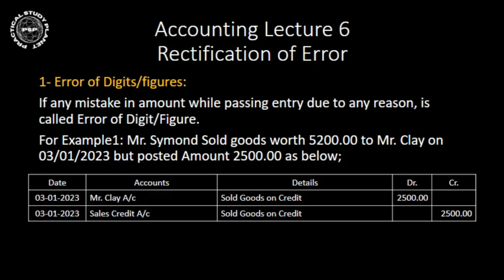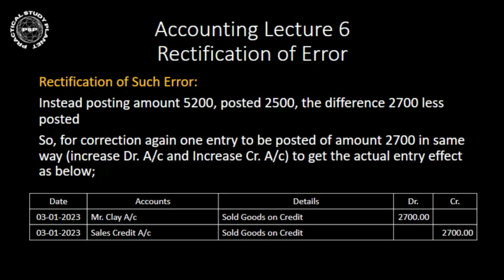For example, 1. Mr. Simon sold goods worth 5,200 to Mr. Clay on 3rd Jan 2023, but posted the amount 2,500 wrongly, as below: Mr. Clay debit 2,500 and sales credit 2,500. Rectification of such error: instead of posting 5,200, 2,500 was posted.